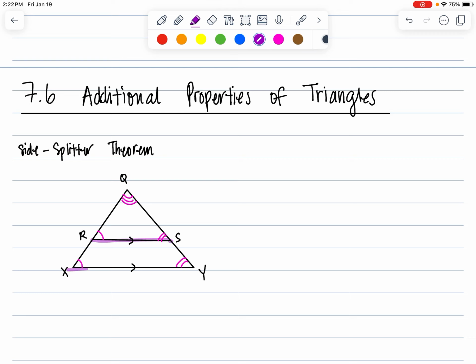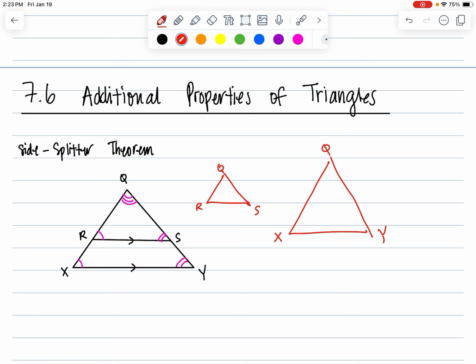These two highlighted lines, I should probably use a different color. I'll make a note of it at the very end. But anyway, let's draw this for real this time. RQS, and then the big triangle XQY.